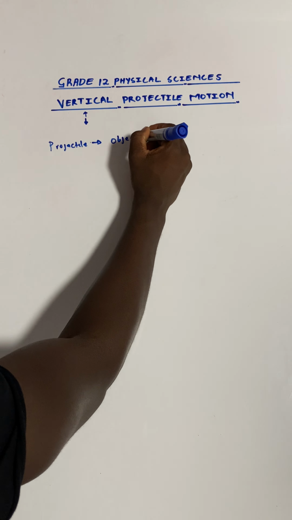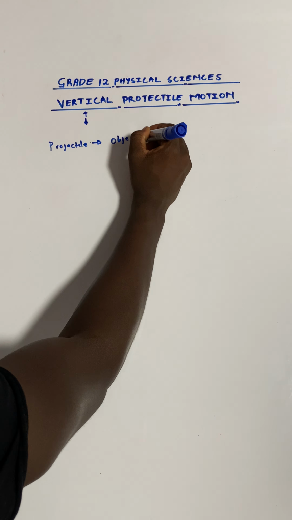So the first thing that we know in a projectile is that we are dealing with an object. Now, what is happening with this object? The first thing we are told is that it has been given initial velocity. We are familiar with velocity; we have been dealing with it even in Newton's laws, momentum and impulse.